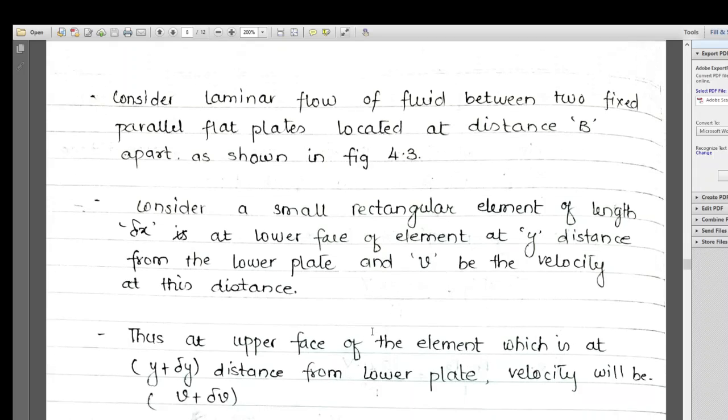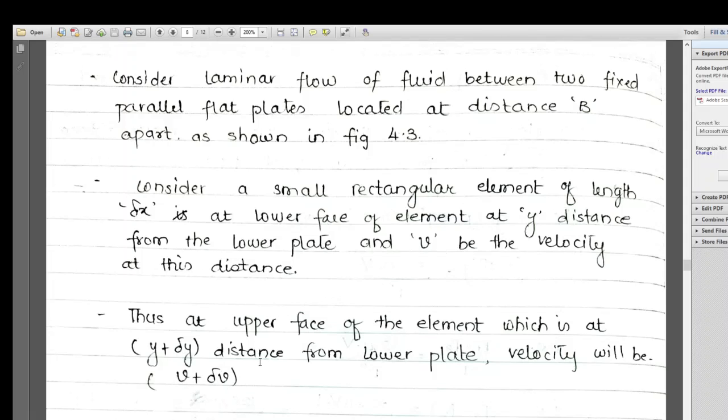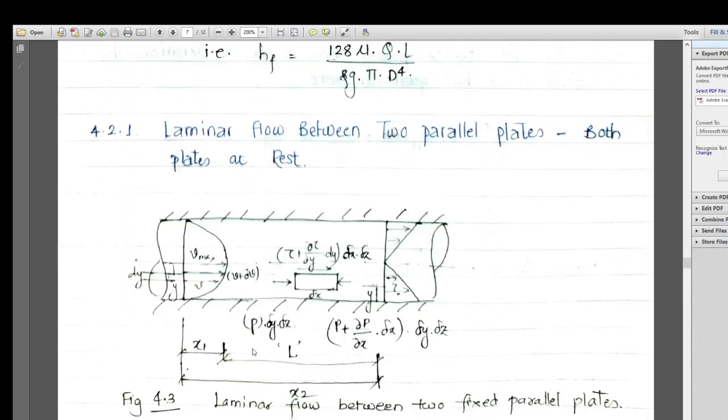So at the upper face of the element, which is at y plus delta y distance from the lower plate, the velocity will be v plus delta v. Now the lower part has length delta x and distance y.